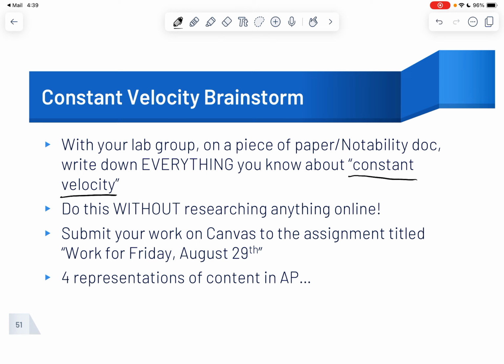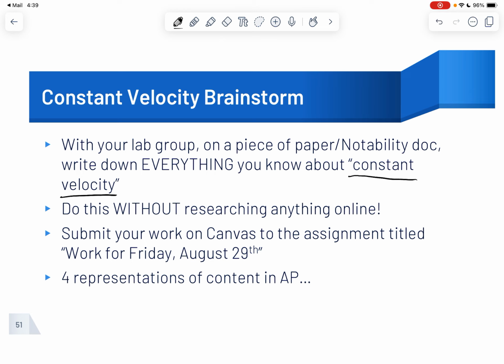Now, try not to look back at your notes from the summer work. Try to do this all on your own with just what you recall. Again, bounce ideas off each other, trying to get as much as you possibly can about constant velocity. You'll be submitting this document, or photo if you did it on a piece of paper, to Canvas for that assignment. This is work for Friday, August 29th.